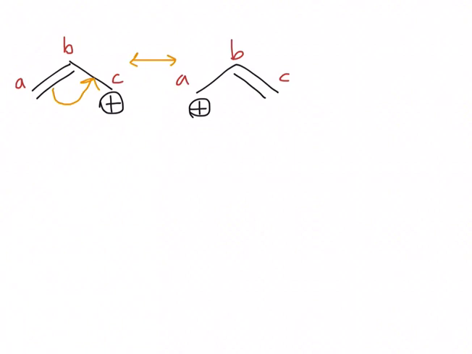If these pi electrons move over here, we will have the second resonance contributor.